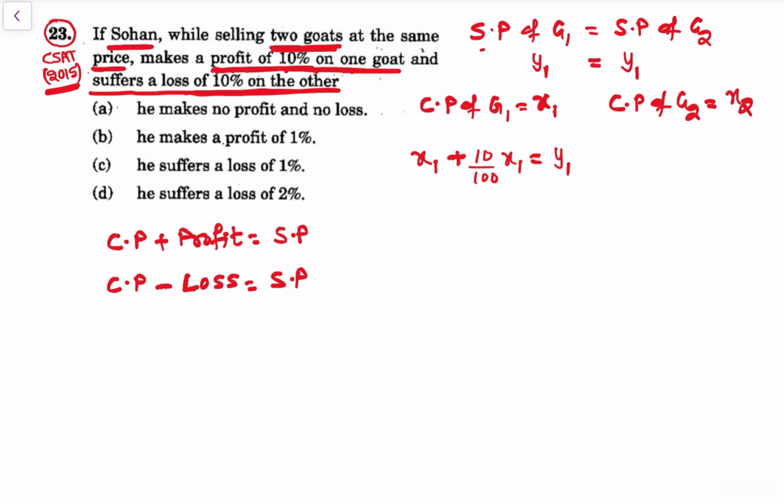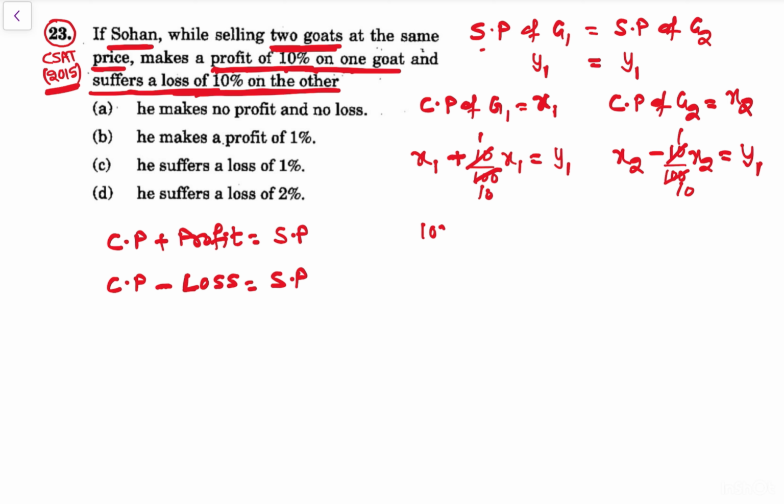Then see here, goat 2 suffers a loss of 10%. So x2 is the cost price of goat 2, minus 10% loss. So minus 10 by 100 of x2 is equal to the selling price of goat 2, that is also Y1, right? So this is 1s are and this is 10s are.